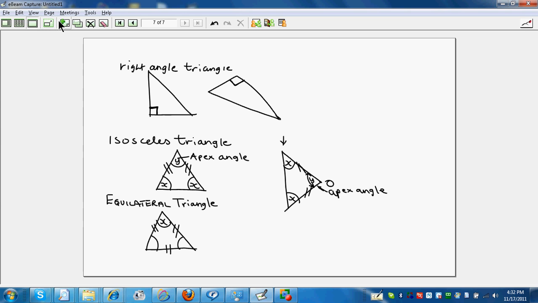So if we have angle X at the top, we'll have angle X at the bottom as well. So we say that that is an equilateral triangle.